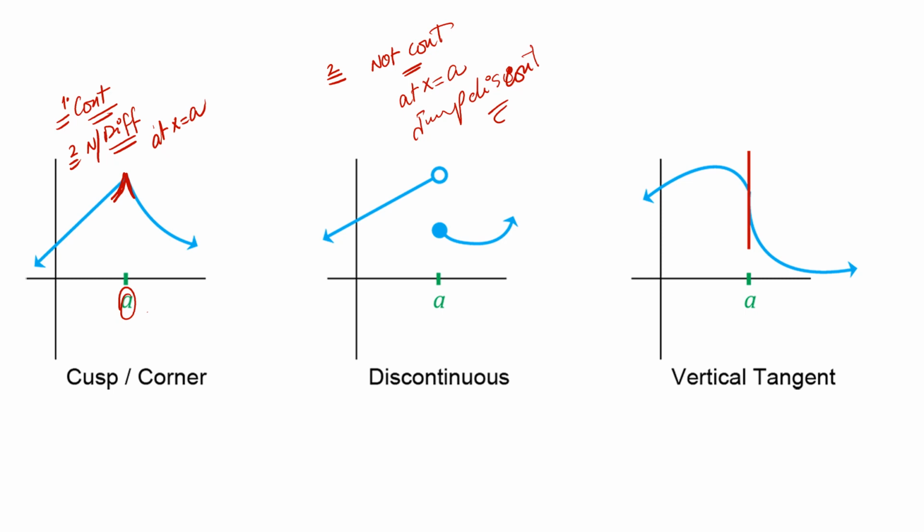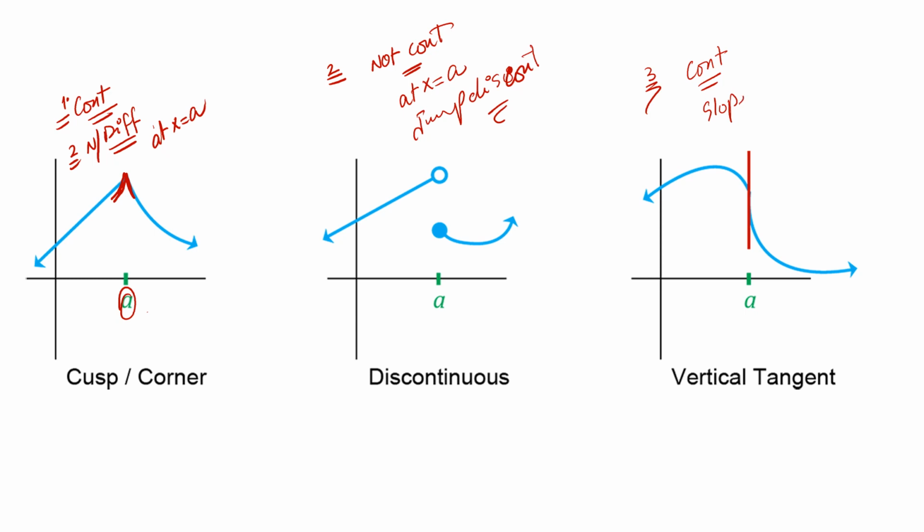Now have a look at the third graph. In the third graph, the graph seems to be a smooth curve, although it is not actually a smooth curve, but it is continuous, number one. But you can see that at A, if I make the tangent line, the slope of the tangent line is undefined.